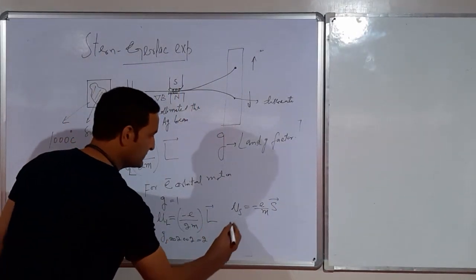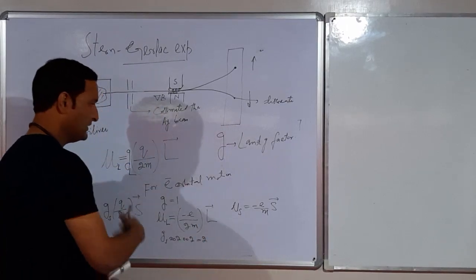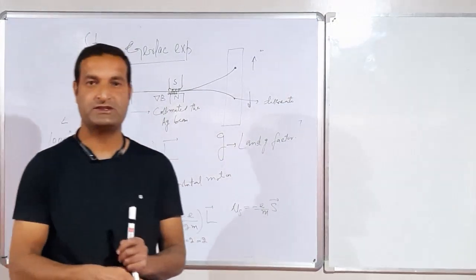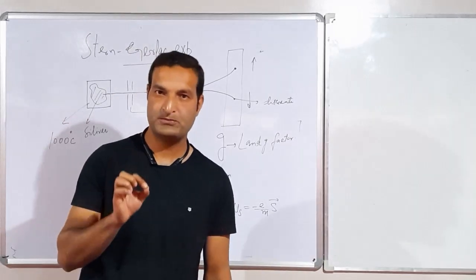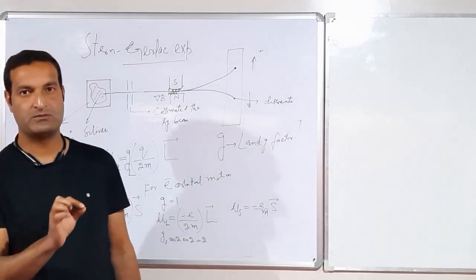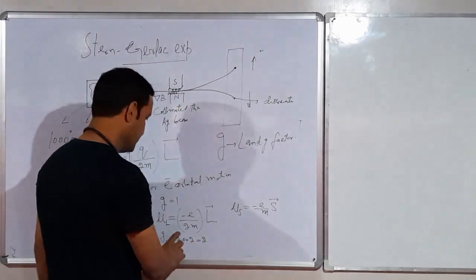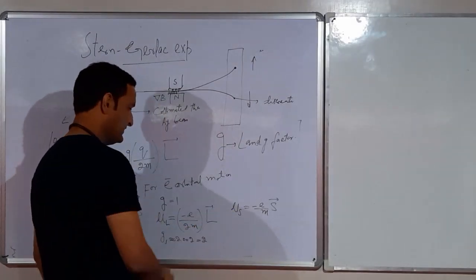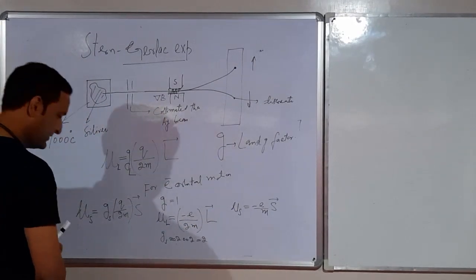So the total magnetic moment associated with the electron due to spin motion and due to the orbital motion will be the sum of the magnetic moments.